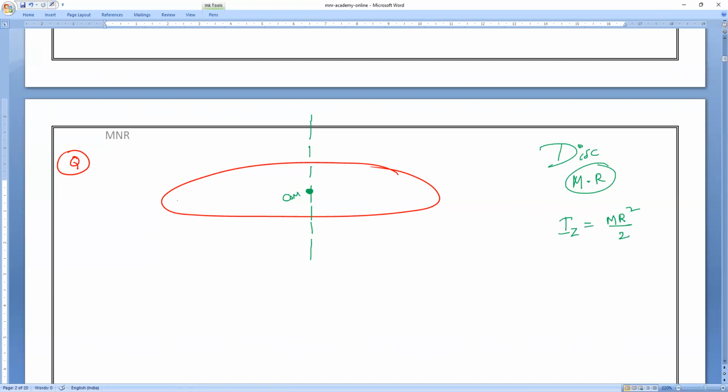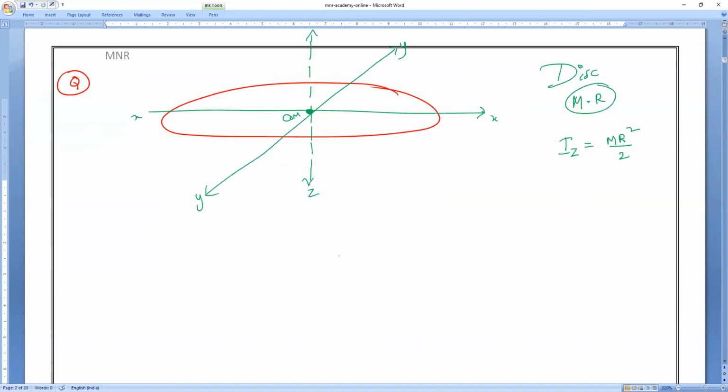Check it, everybody. Now this is the x-axis and this is the y-axis. Now we want the moment of inertia along the z-axis. The moment of inertia about the z-axis equals the moment of inertia about x plus the moment of inertia about y.